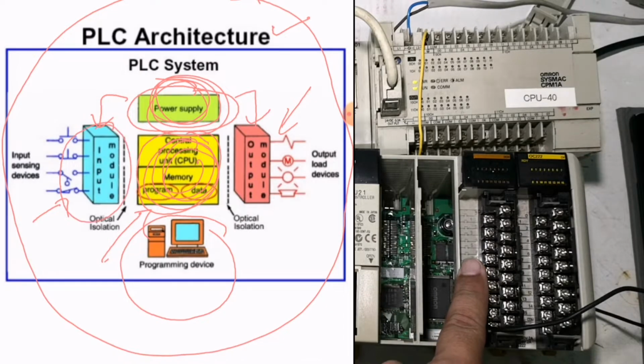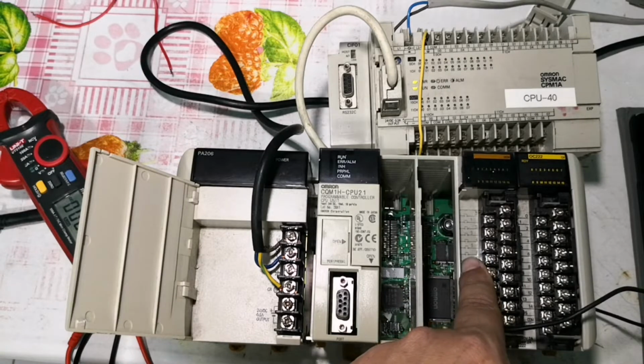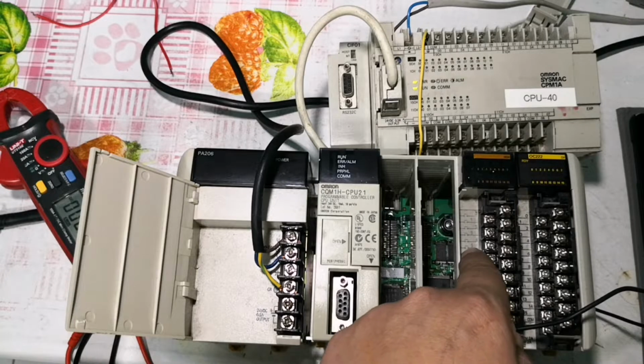The switches mean your sensor, your switch, your limit switch, everything, that will give input or any state of input to your PLC, and then your CPU will process the input. Okay, the signal, the input signal.